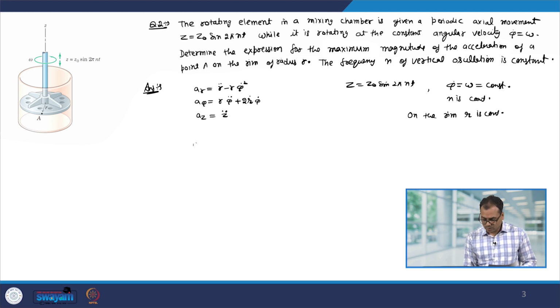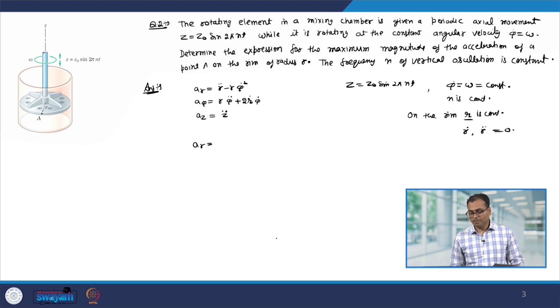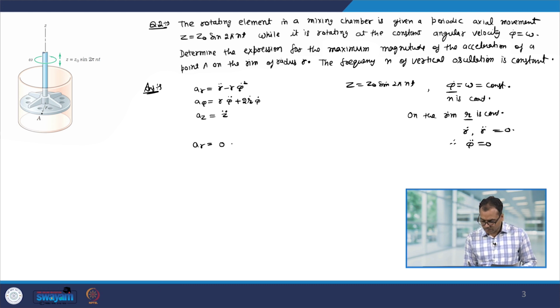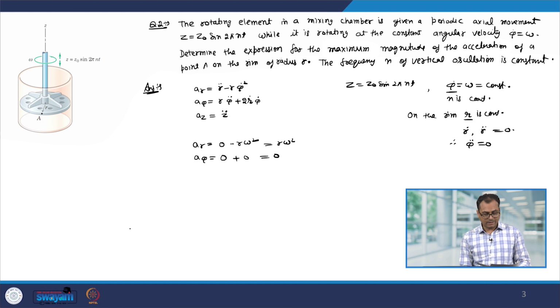Therefore, let us see what A r is. Because r is constant, r dot and r double dot will be 0, and because phi dot is constant, phi double dot will also be 0. Therefore, A r will be 0 minus r omega square, which is nothing but minus r omega square. A phi is r phi double dot, which is 0, plus 2 r dot phi dot, and r dot is 0, therefore a phi is 0.